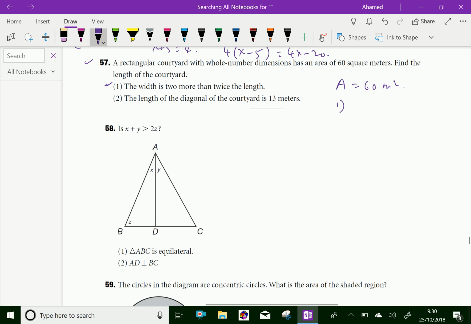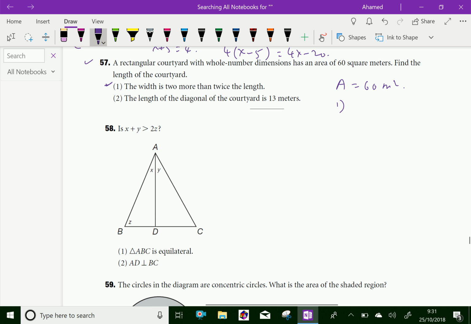But statement 2, the length of the diagonal of the courtyard is 13 meters. Using the diagonal we cannot find the length or breadth by using area. So here we cannot find by using statement 2.